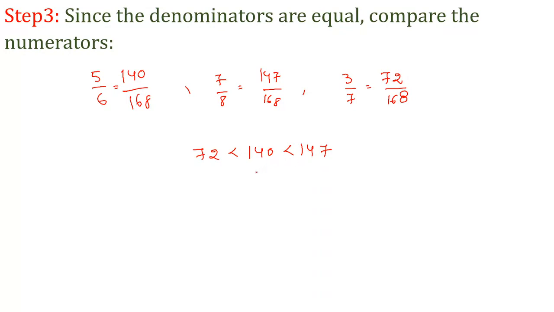You can convert 147 and compare: 72 by 168 is less than 140 by 168, which is less than 147 by 168. Observe here, if the numerator is less, that fraction is less. If the numerator is greater, that one is the greater one. So this is the procedure to compare the given fractions.